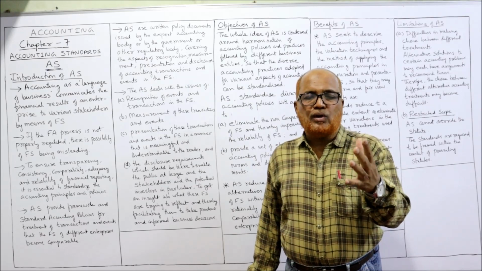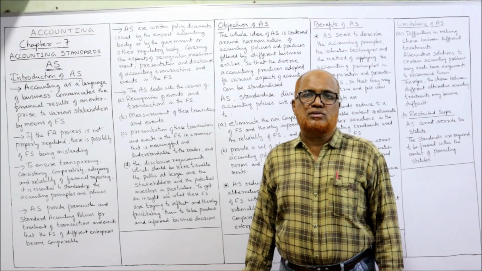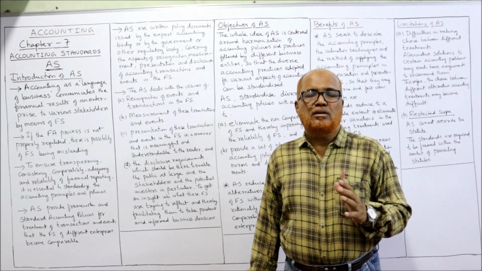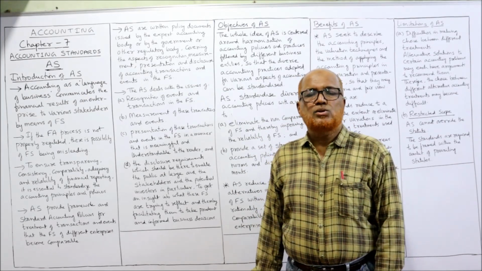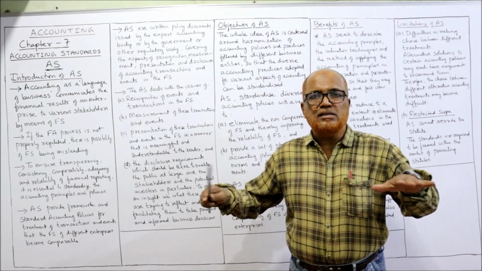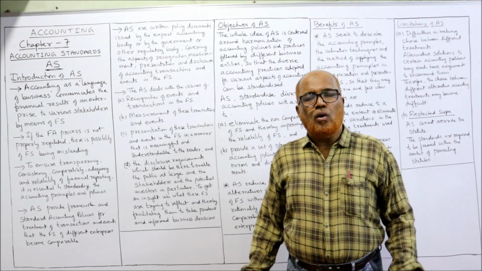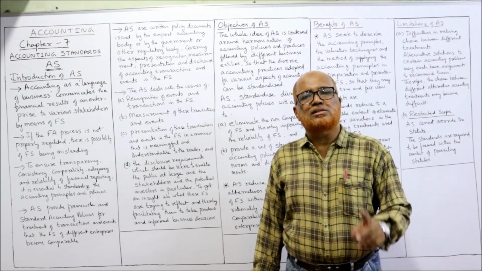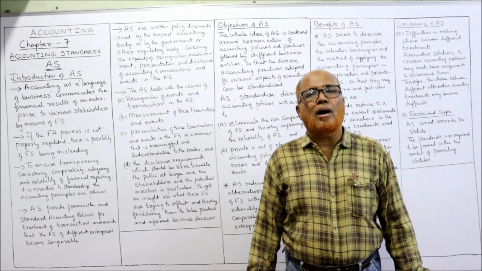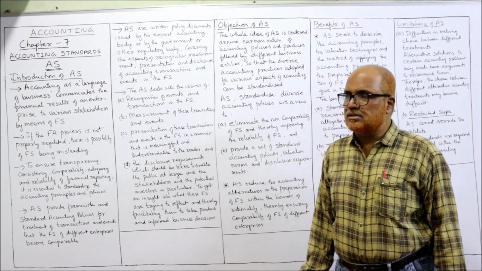That means how to treat the events and transactions in the books of accounts. There should be some procedure. There should be some policy. So the accounting standards are issued mainly to harmonize the diverse accounting policies so that all business organizations follow the same policy and we can compare the performance of one business with another.